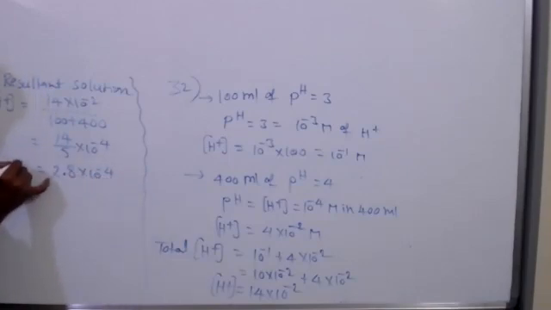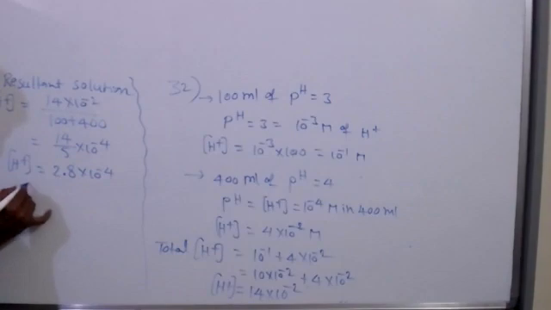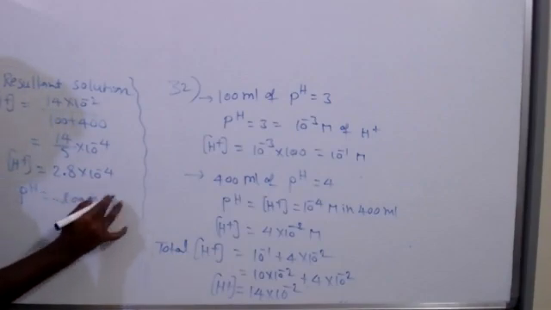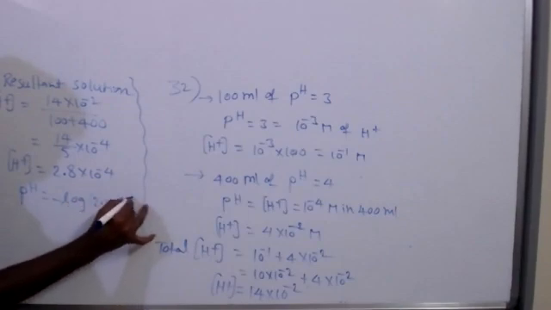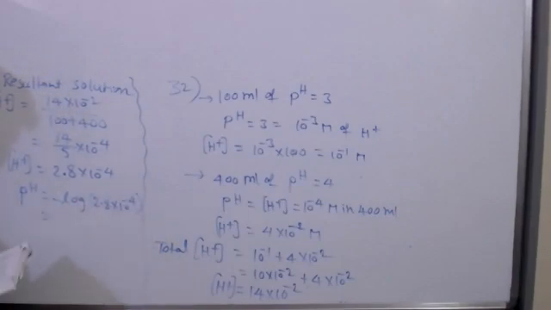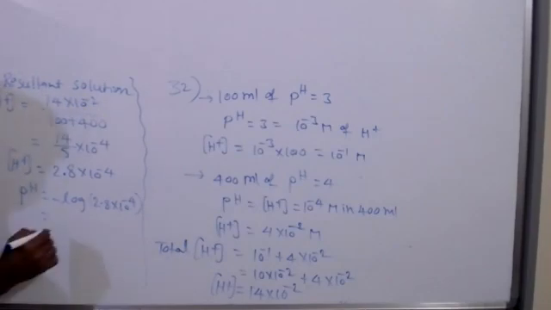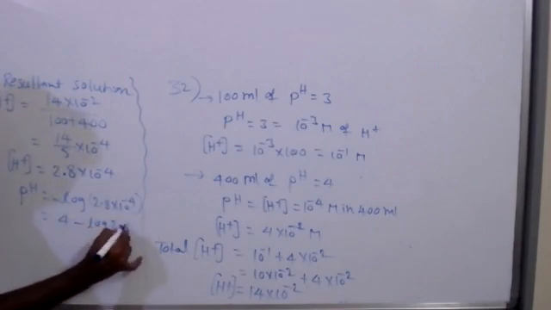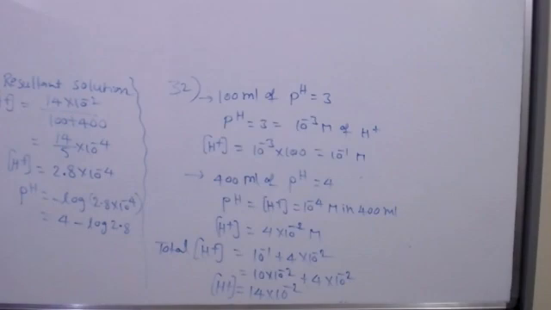This is the H plus concentration, and pH is equal to minus log of 2.8 into 10 power minus 4. So the answer is 4 minus log 2.8. This is the pH of the resulting solution. C is the correct answer.